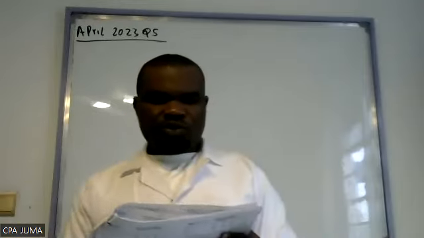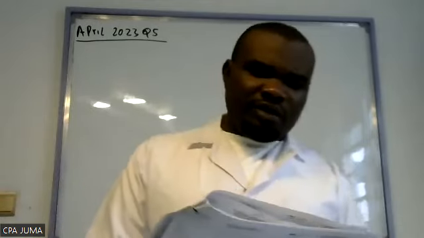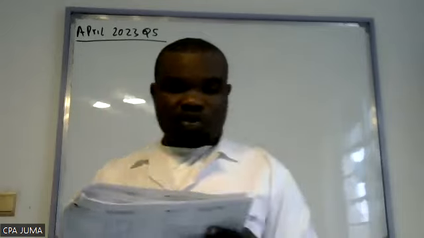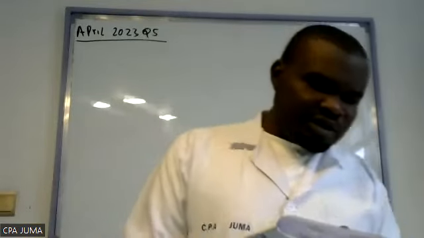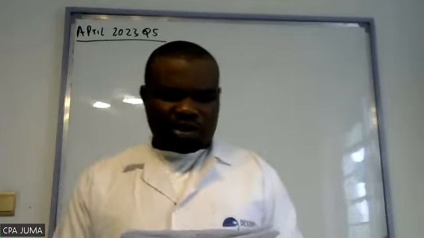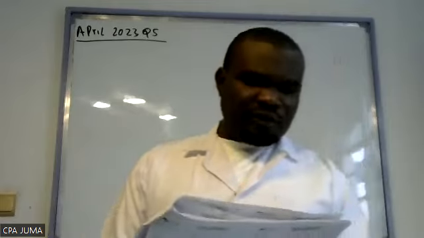G Limited was also to pay shillings 810 million to the owners of S Limited on 1st January 2023. G Limited's cost of capital is 8% per annum. The market value of the ordinary shares at 1st January 2022 were shillings 30 and shillings 20 for G and S Limited respectively.